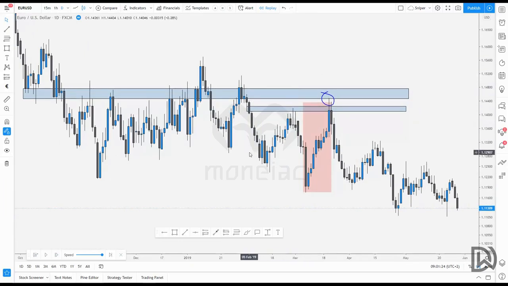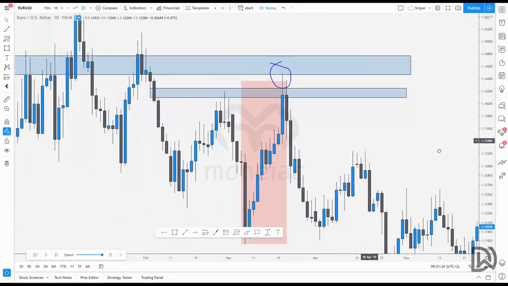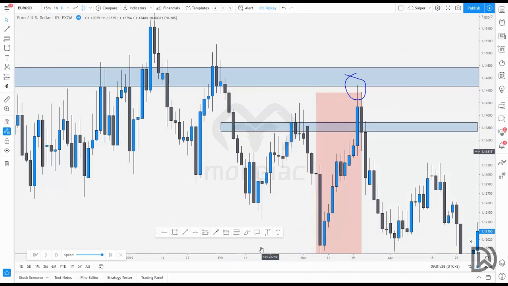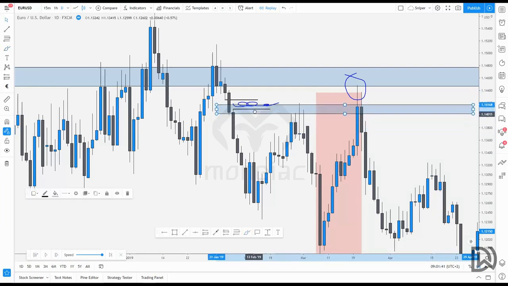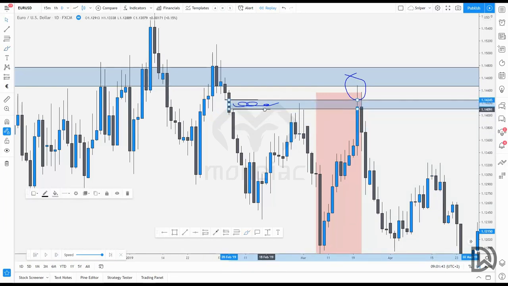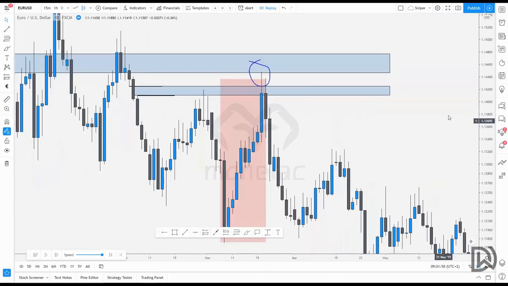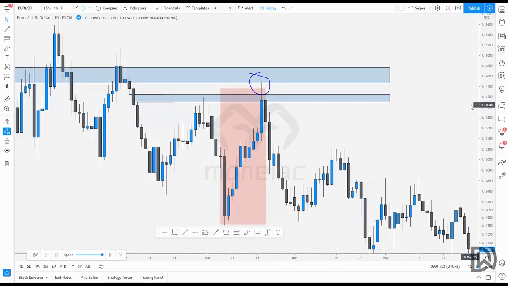Imbalance is basically an area where we have this wick and we have this wick, and price has not traded into this area. So that is then the area of imbalance. This is a concept that will be discussed in greater detail within the live sessions.